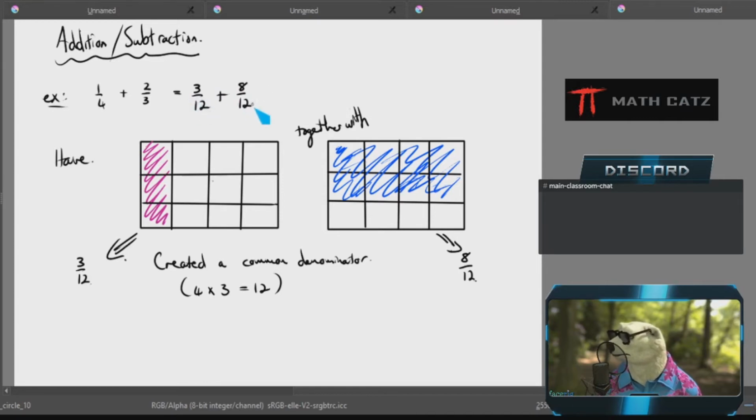We just didn't write it over a common denominator because visually it was done for us. Then we said 3 plus 8 is 11. How many pieces does it take to make a whole rectangle? 12. Therefore, our answer is 11/12. Now I will stress again, it is on record, on video. I will quote this video if you say anything later on.